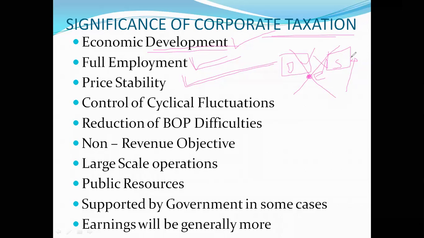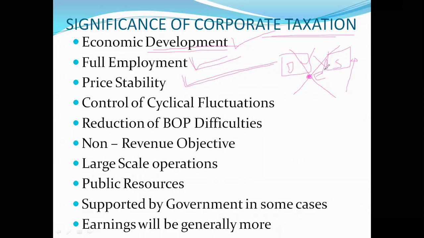So in order to bring the prices to an optimum level, we have to produce more. Production is possible more when we establish more organizations. If private persons are unable to establish, it is the responsibility of the government to establish companies.